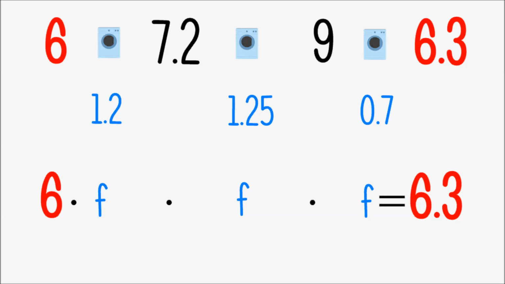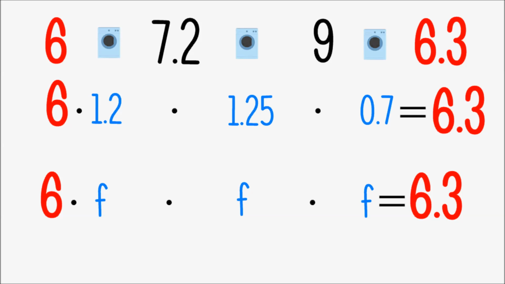Now, where is the connection to the 3 individual stretch factors, spelled out here in blue? Actually, the change from 6 to 6.3 is a result of multiplying all 3 stretch factors with the start width of 6 inches. All widths that we measured in between were not much more than interim results on our way from 6 to 6.3.